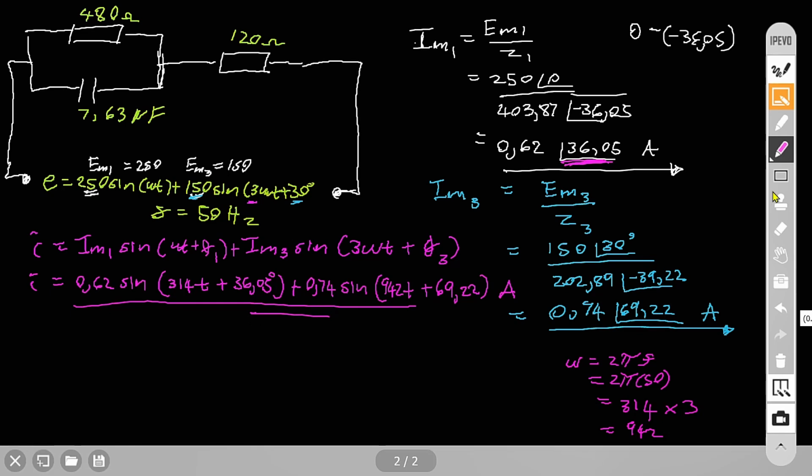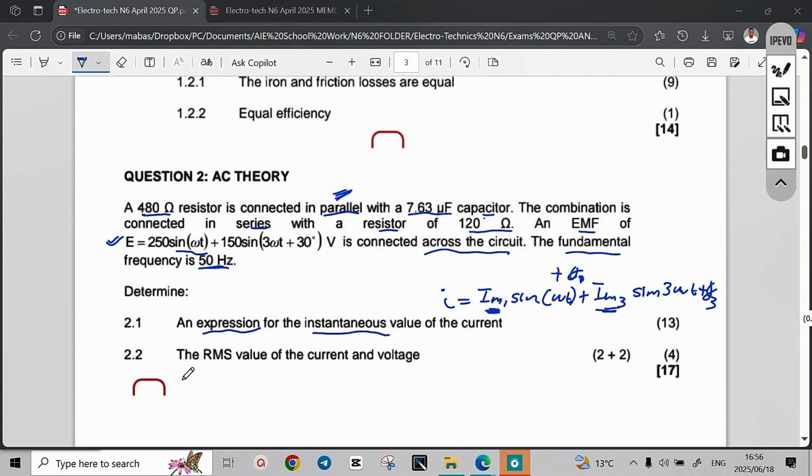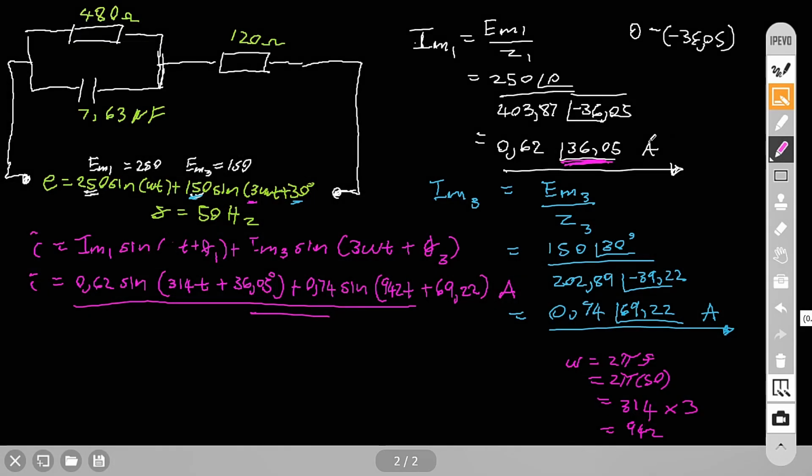Now let's go and check what was the next question. They are saying here, determine your RMS values for the current and voltage. Okay, let's go and calculate that one first. I'll just go to the page, guys.